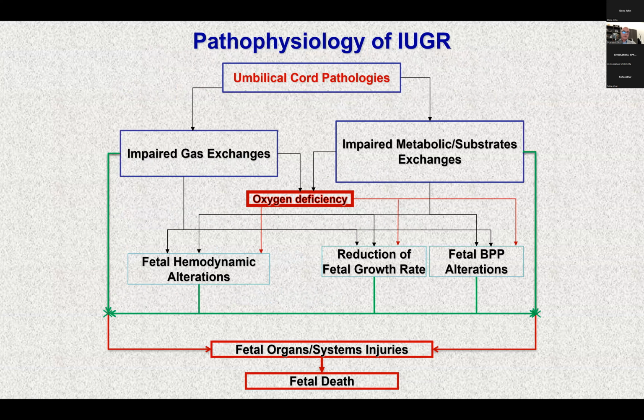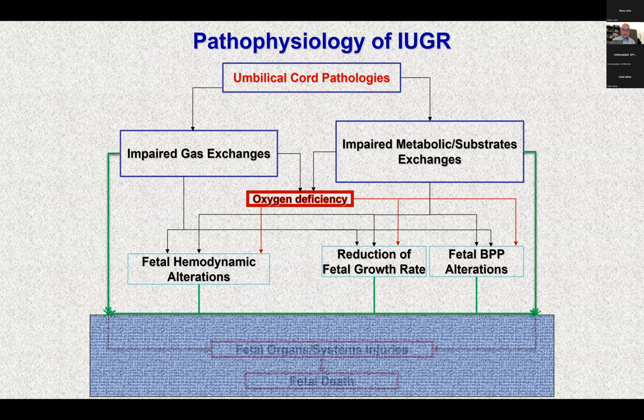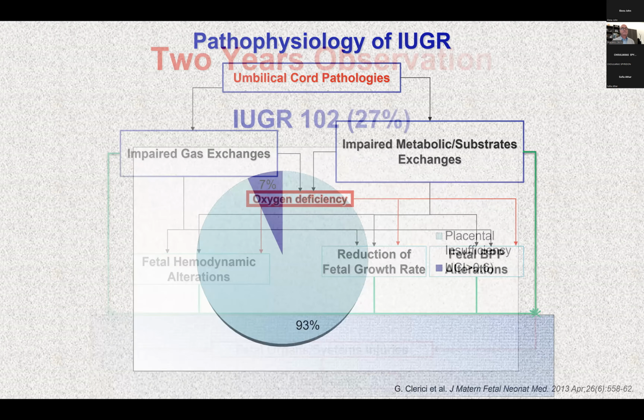This situation can produce, with very similar pathophysiological events, a reduction in fetal growth, alteration in fetal hemodynamic, and alteration in fetal biophysical profile. And the identification of this scenario is very important in order to avoid fetal organ system injuries and finally fetal death. So we have to identify what's happening in the fetus.